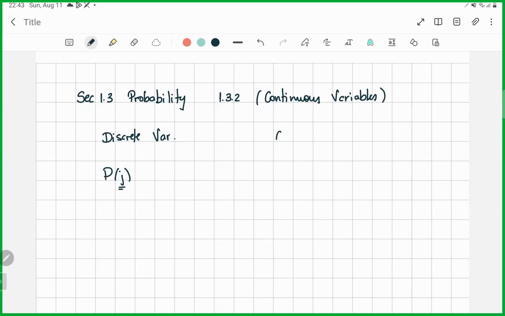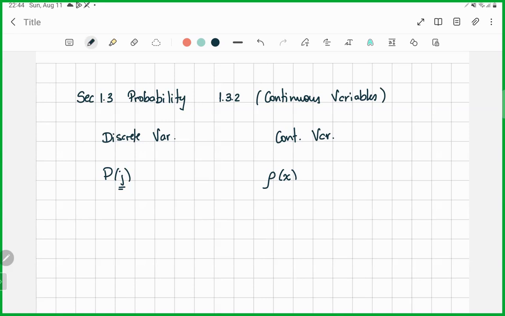When we are talking about continuous variables, instead of this notation, we are going to use this other notation, rho of x, with the idea of having the probability of the variable x having a certain value x. But since we are talking about continuous variables, you cannot specify exactly one value of x. Now, we talk about ranges.